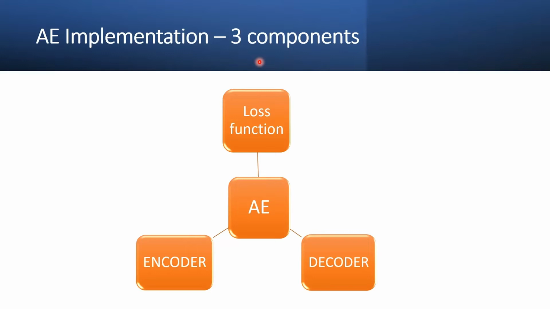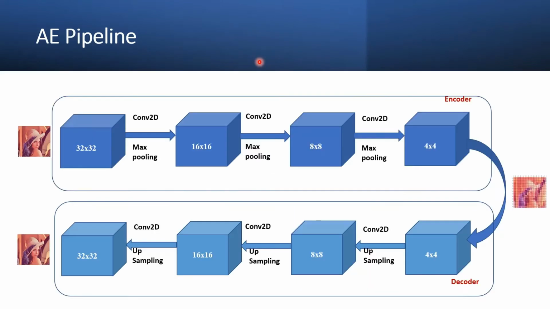Which means that I have an original image, I have encoded, and then I have a decoder which will decode my encoded image, and an image will be produced. Now I need to compare between my original image and my decoded image. So to make that comparison, the loss function will be used.